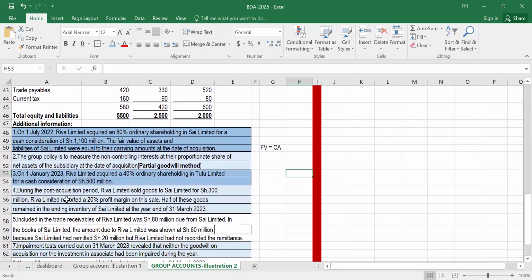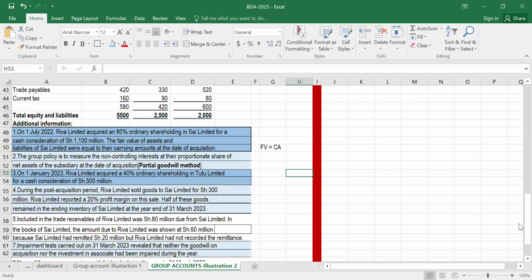Number 4, we are told during the post-acquisition period. When we talk about the post-acquisition period, we are talking of the period after the acquisition. So during the post-acquisition period, BV Limited sold goods to CCIE for shillings 300 million.